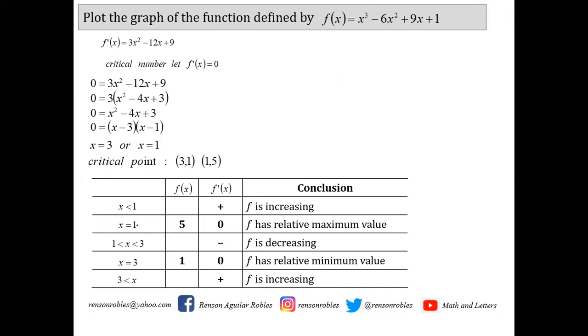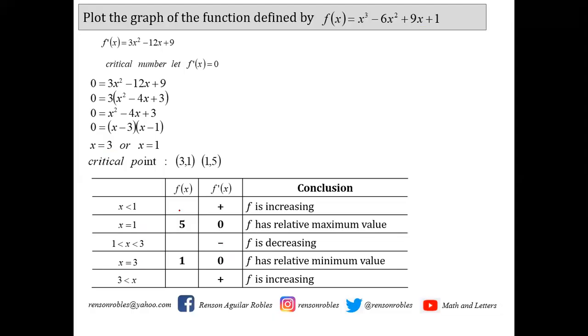And when x equals 1, that is one of our critical numbers, f of x equals 5, f prime of x is equal to 0, and f has a relative maximum value because when you choose a number on the left side of 1, f prime of x is greater than 0, and when you choose a number on the right side of 1, f prime of x is less than 0. And on the interval (1, 3), the value of f prime of x is negative, and therefore the function f is now decreasing.